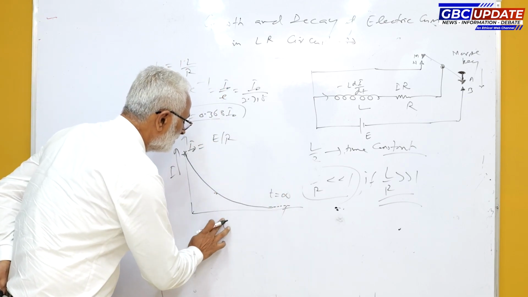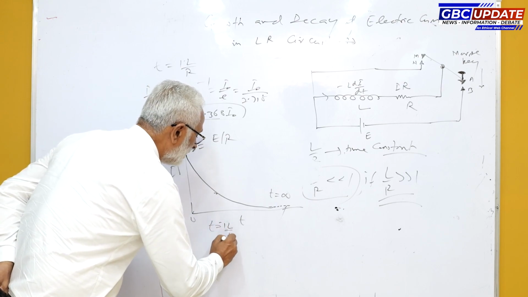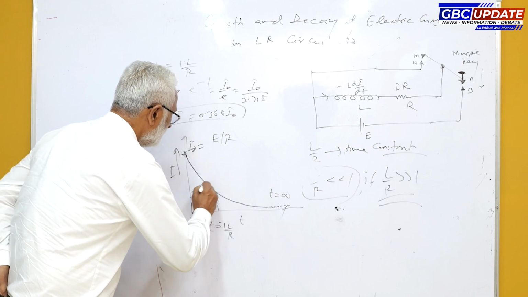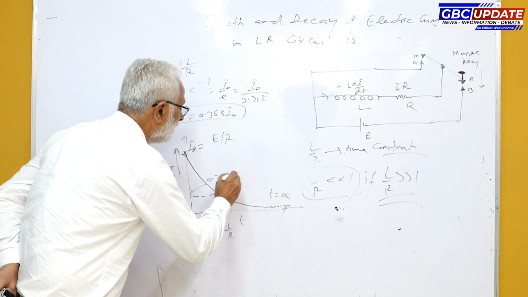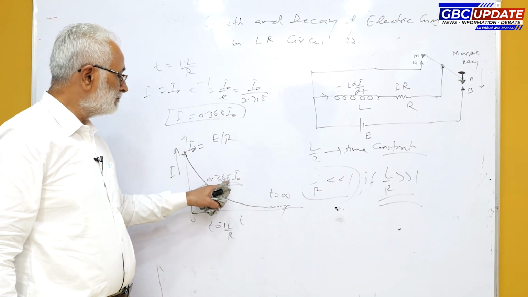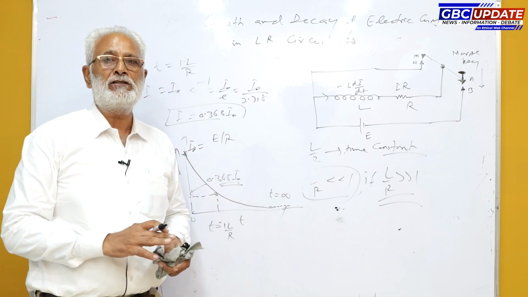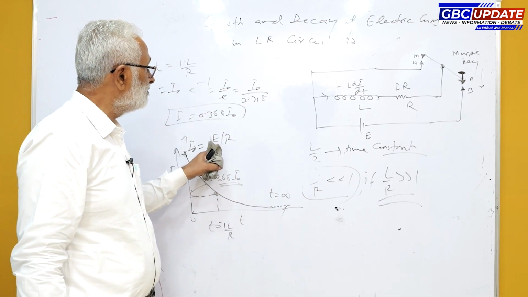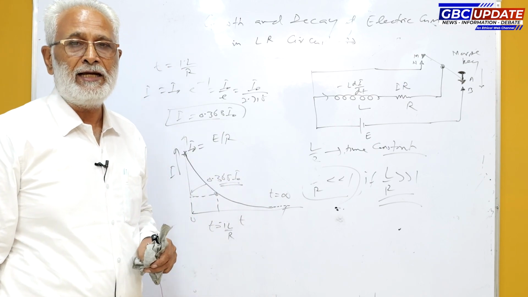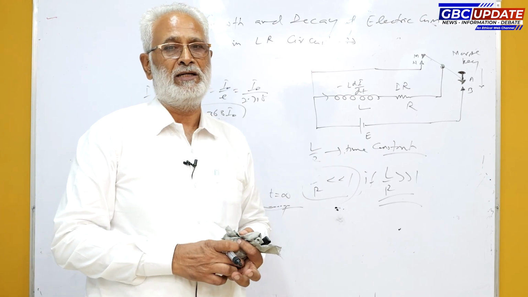Now in this case after time t is equal to 1 L over R, electric current decays to 36.8% of its maximum value. Thus the time constant may also be defined as the time in which the current decreases to 36.8% of its initial value or maximum value.